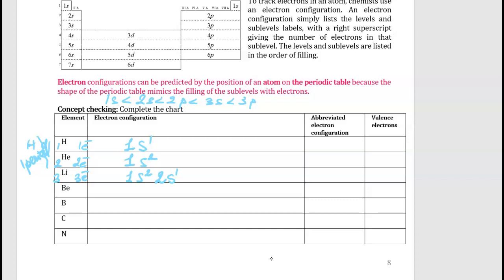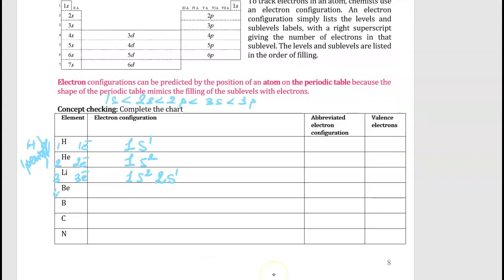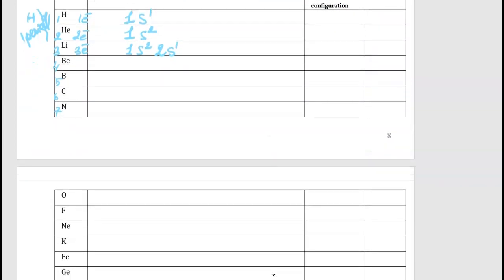Okay, let's do the next ones. You can see beryllium, boron, carbon, nitrogen, oxygen, fluorine, and neon. Okay, so 4, 5, 6, 7, 8, 9, 10.